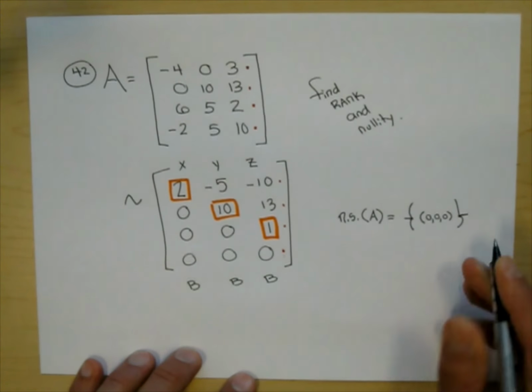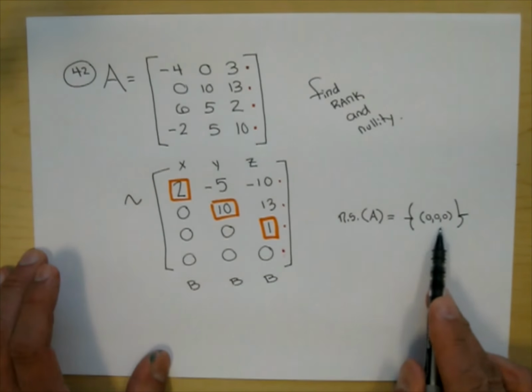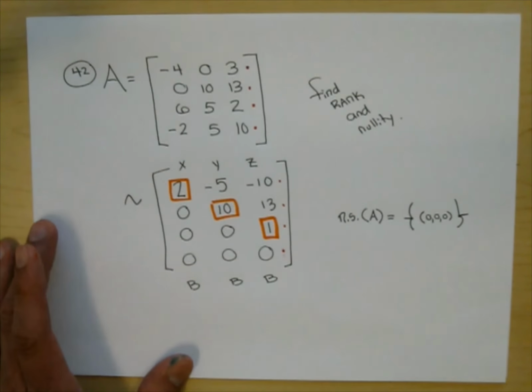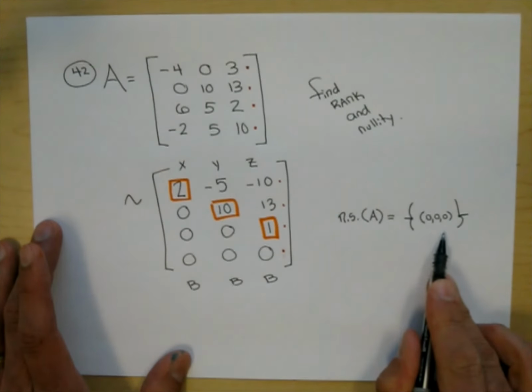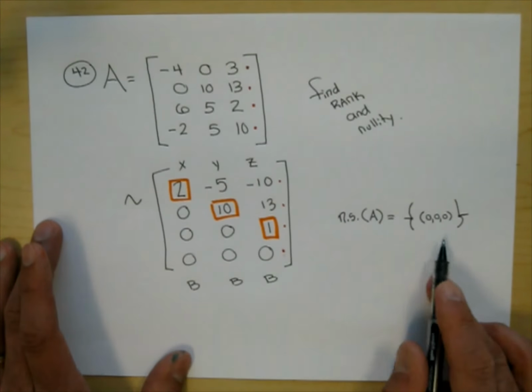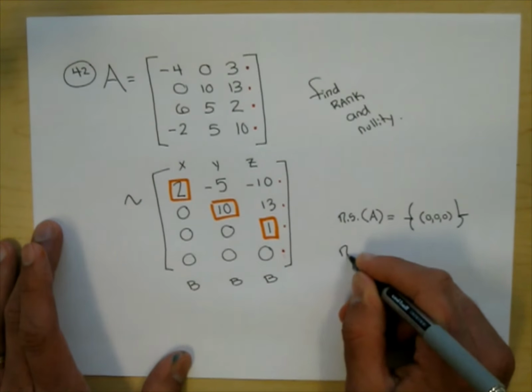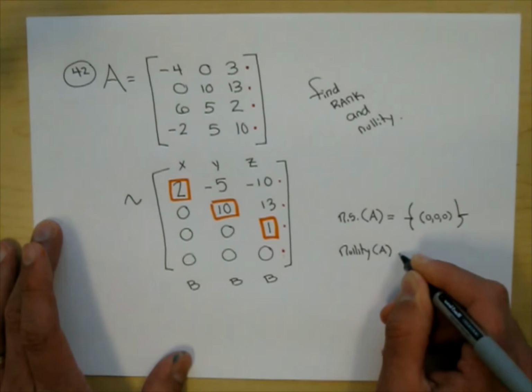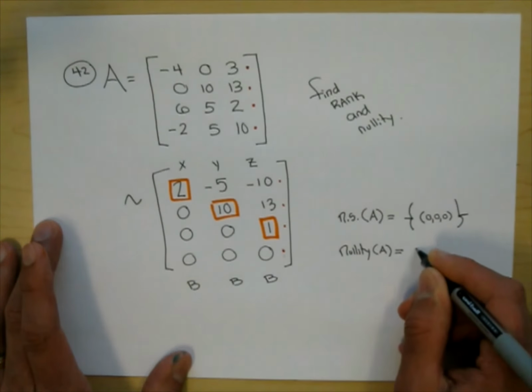We're not going to ask you to find the basis for that because 0, 0, 0 itself is not a basis, so it would actually be the empty set, but we're not going to get into that. The dimension of the null space is 0. That's also called the nullity. So the nullity of A is 0.